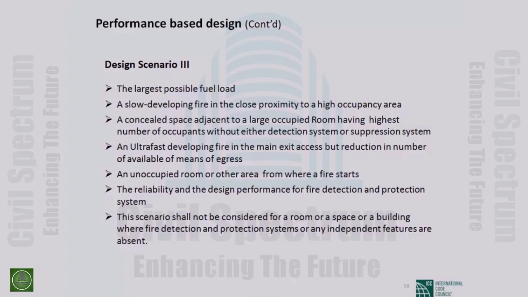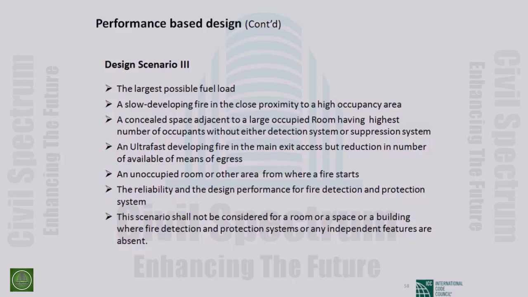If there is an event of fire, this is a slow developing fire, and if it is a slow developing fire, what are the proximities, or what is the distance from this low area? What is the distance to the high occupancy area? So you have to find the critical area in respect to your fire, in respect of your occupancy. And the proximity is these two. You have to find this one.